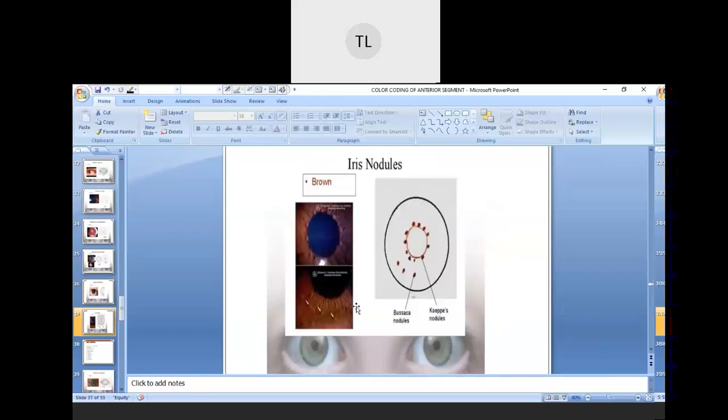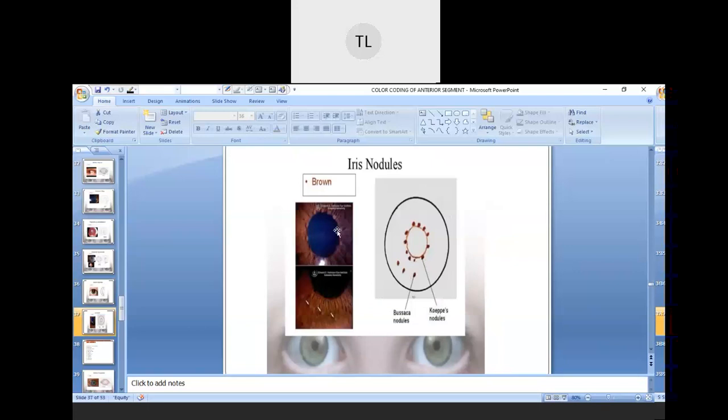Next we have is the iris nodules. Basically iris nodules will be seen like this. This is a nodule form that is seen in the iris. Remember, in case of uveitis, that is inflammation of the uveal tract, especially in case of iritis, inflammation of the iris, you will see this type of nodules.